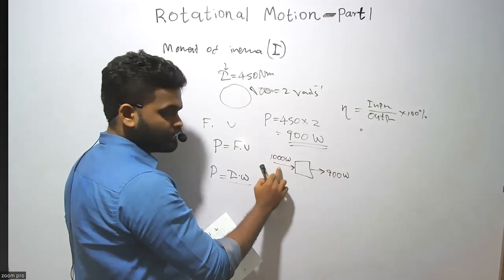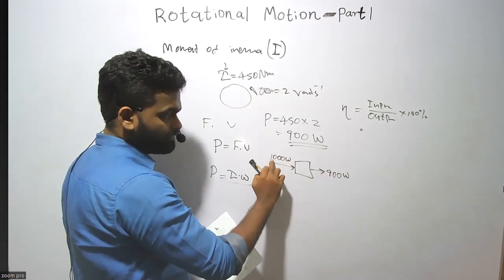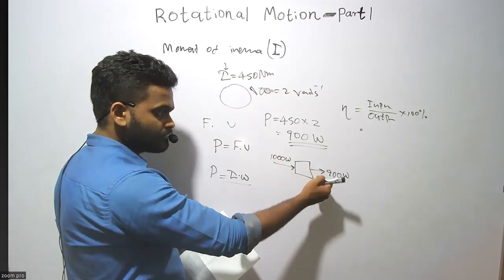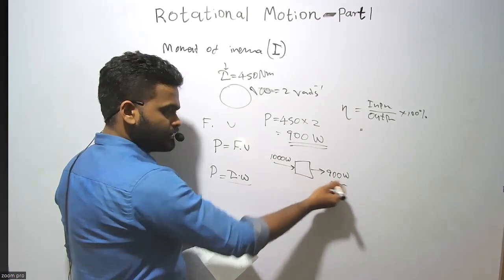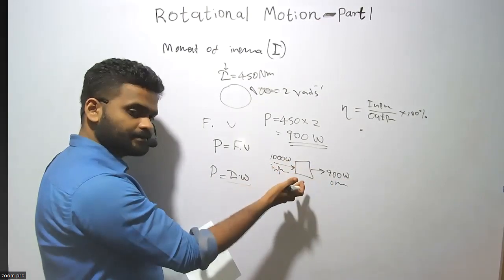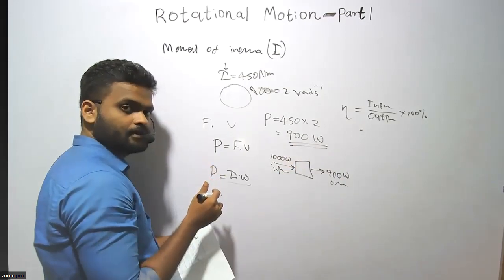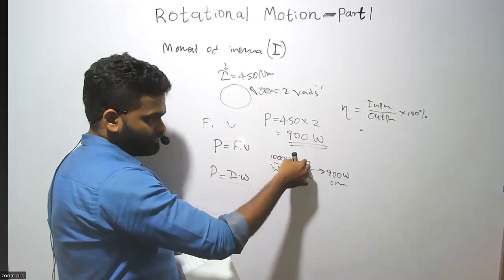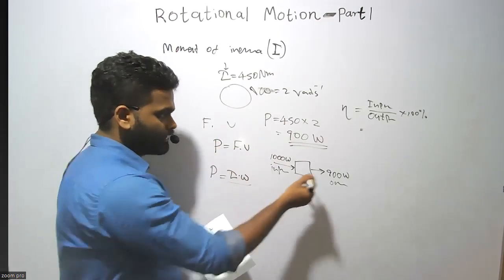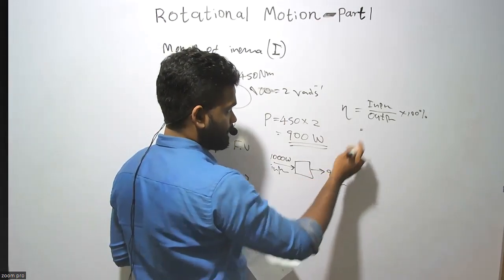You provide power, 1000 watts. This is the input. So that input is provided like electricity, right? Then you gain the mechanical energy. So there's a 100 watts loss, could be like heat. Sorry, this should be the other way.